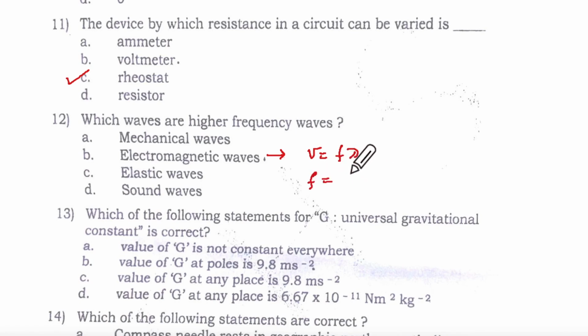So frequency will be equal to V upon lambda. So here also you have different range. Where is the textbook? Did you find in the textbook? Just check quickly.